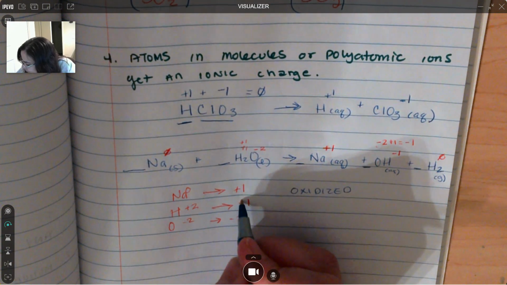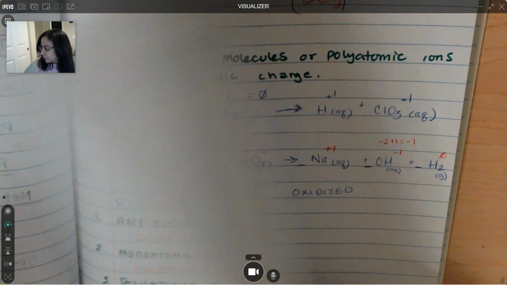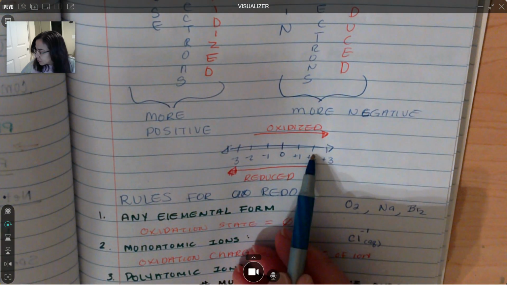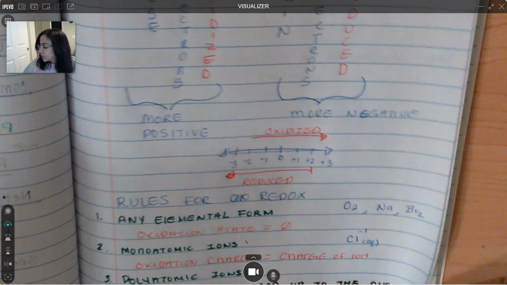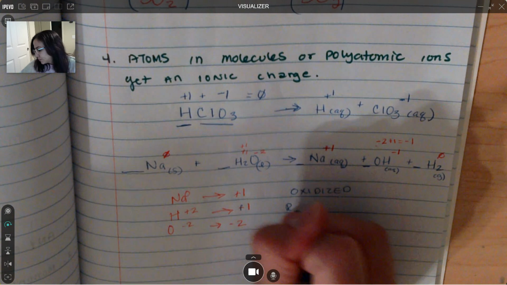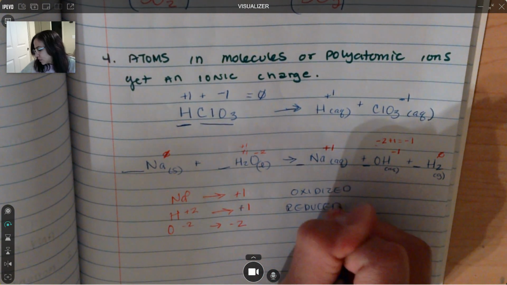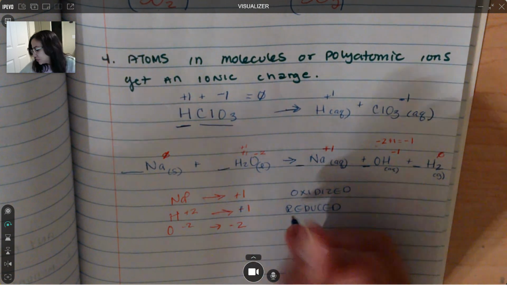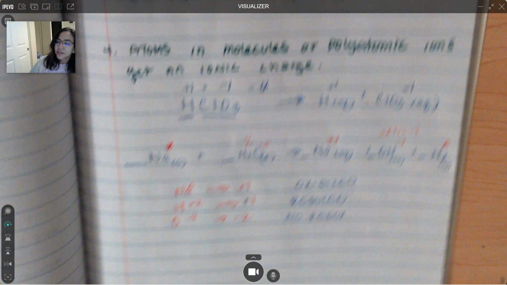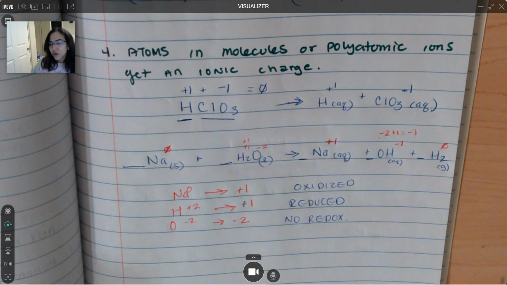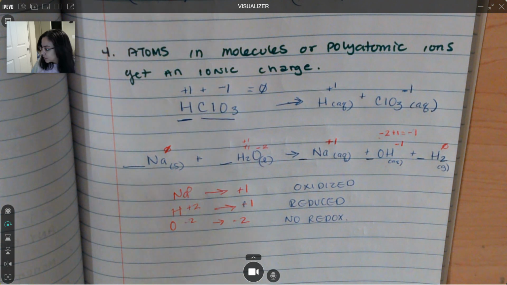Hydrogen went from a +1 to a 0, so it's going down, and that shows me that hydrogen was reduced. Oxygen went from -2 to -2, so it's no redox. Nothing happened to our oxygen in this case. So the only ones that were oxidized or reduced were our sodium and our hydrogen. Oxidized, reduced, no redox. So quite simple with that one.